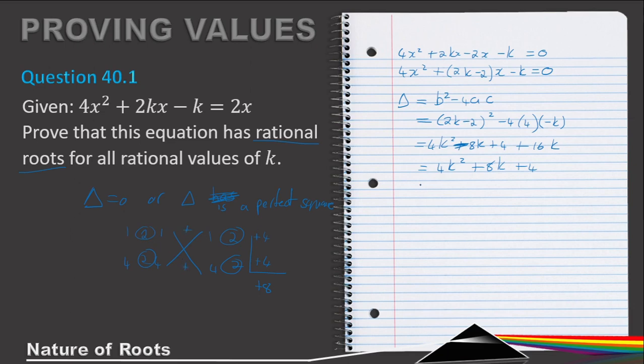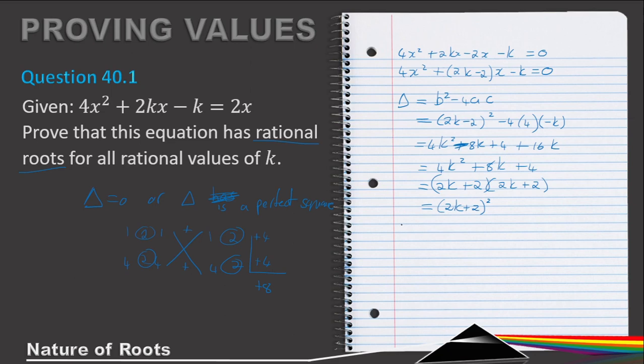Right, so then if I factorize this, it's going to be (2k plus 2) and (2k plus 2), which is equal to just simply (2k plus 2) squared. Right, and there we've proved that the discriminant is a perfect square.